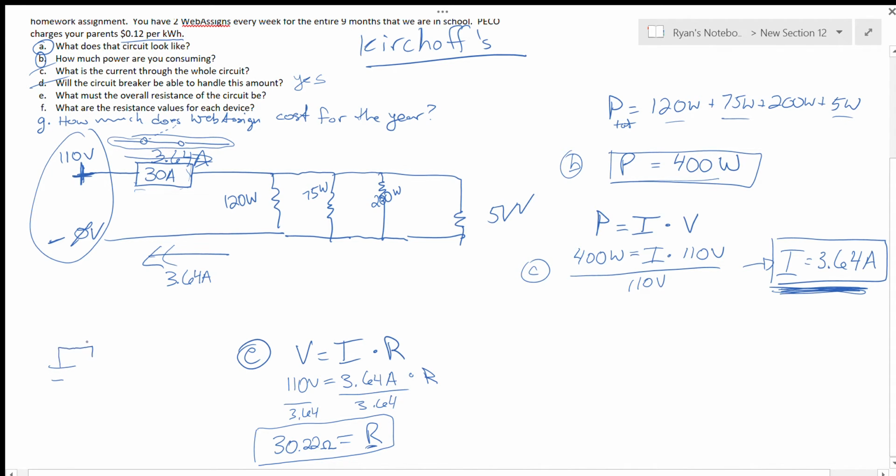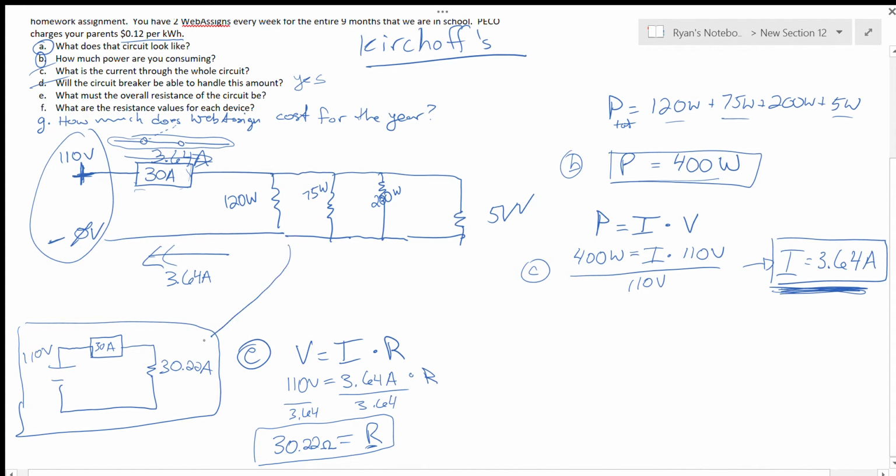I come out, I go across my circuit breaker, and then I hit one resistor equal to 30.22 amps. Is that really what's going on in the circuit? No. But I'm acting as though all four of those items act as one individual item.